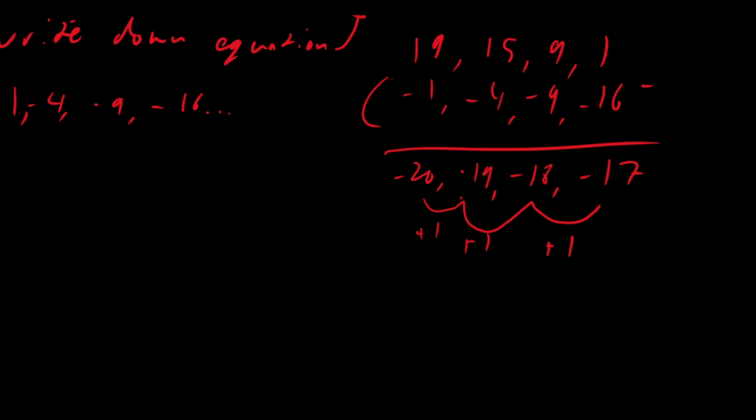However, it is not that difficult here. First of all, we want to do 21 minus n, because n increases every time and the sequence decreases.